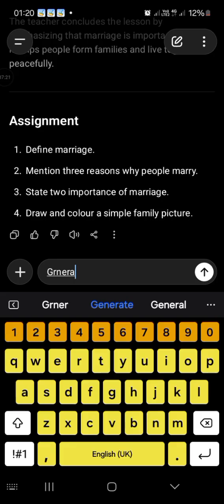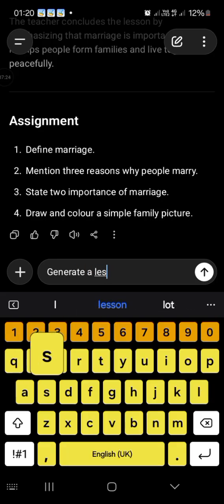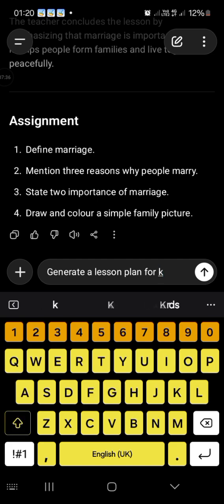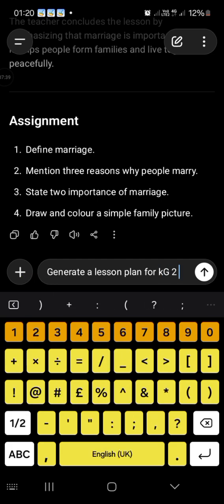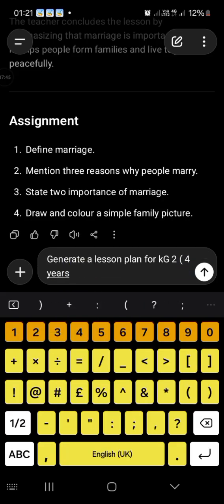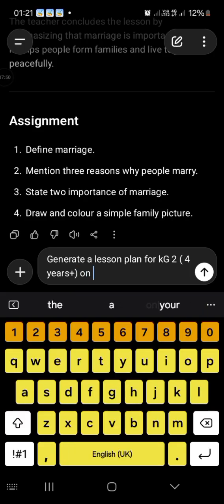Generate a lesson plan for KG2, which is in bracket 4 years plus, on literacy.